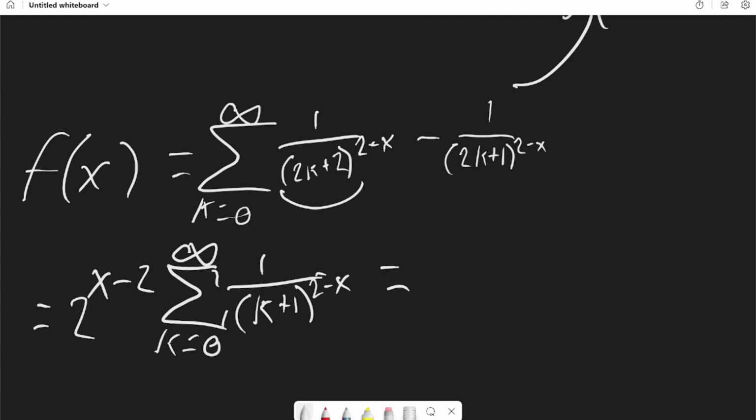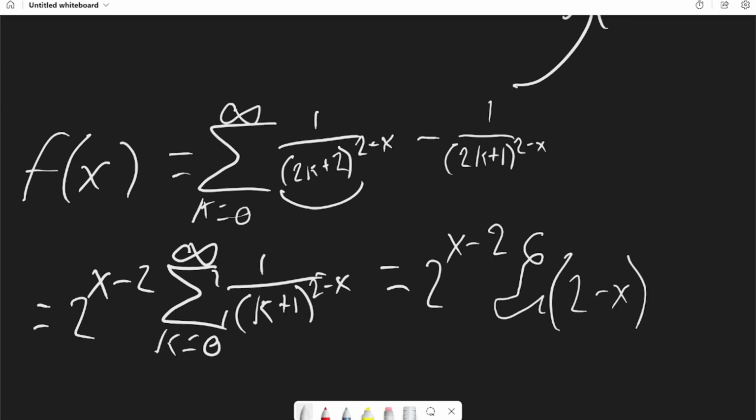And so this is going to be equal to 2 to the x minus 2 times the Riemann zeta function of 2 minus x. Okay, so that's the first series down.